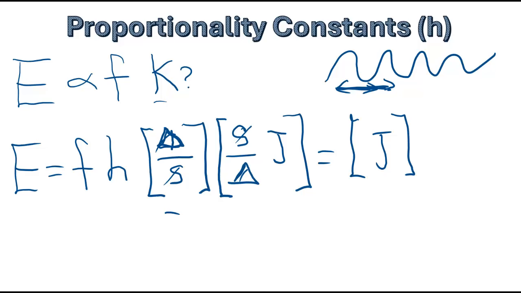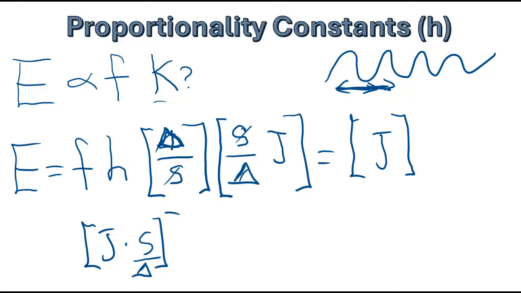The units of Planck's constant are usually joule times second, which you can see right here. But there's something missing from the units of Planck's constant that is very important in my opinion, and that is the second per cycle.